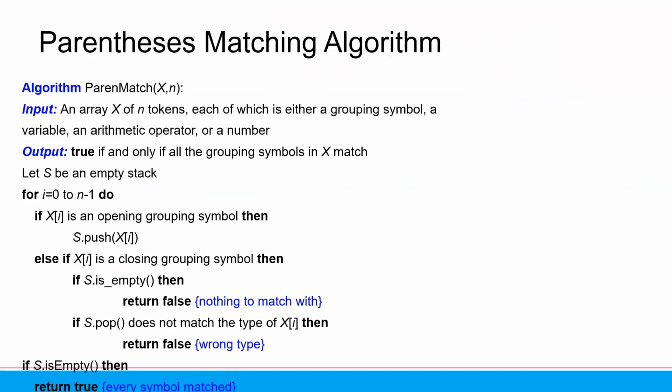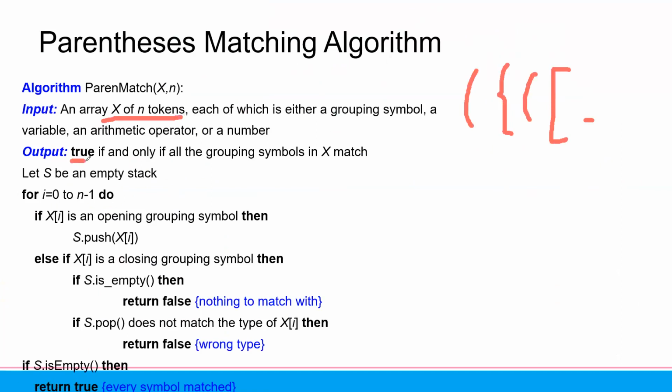So we can make this parenthesis matching algorithm. The input is an array of n tokens. So you can input this one and then this one and then this one and so on.